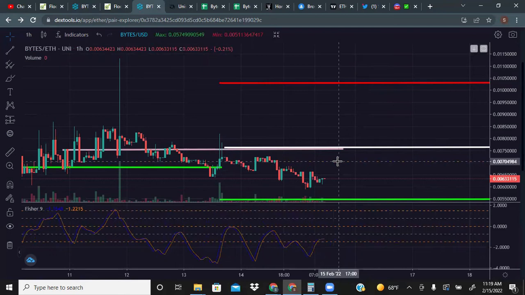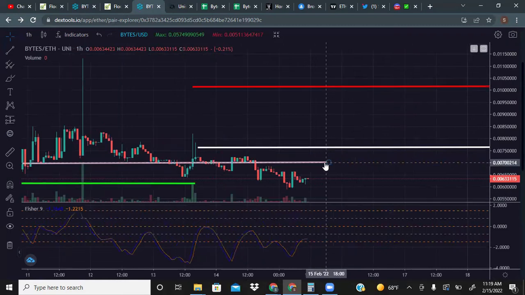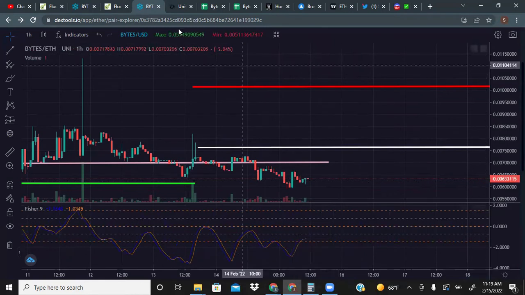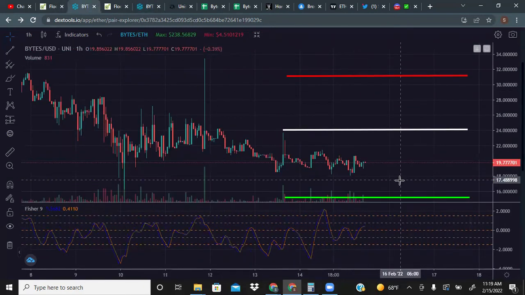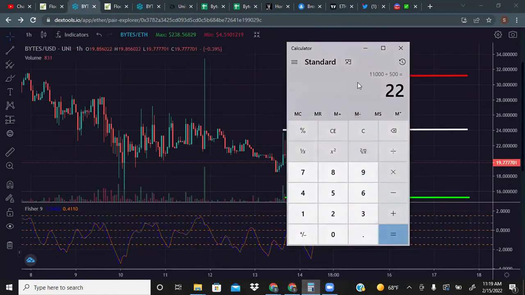Well, I guess we're going to assume that 0.07 is probably going to be about where the price would be, about $22 from here. It could be a little less, a little more. Let's just do the calculations now. So 0.063. If we need the price to be at 22, we'll divide this by 19.7.